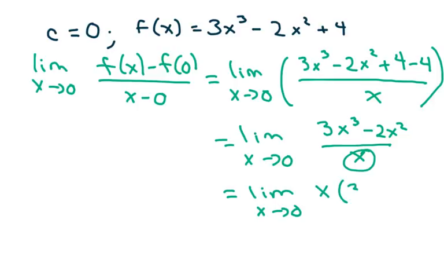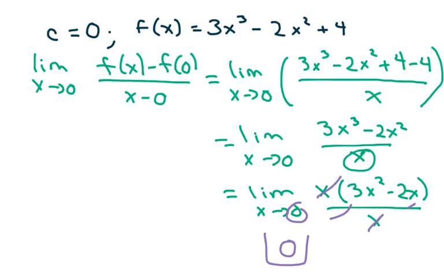We get 3x squared minus 2x over x. The x's cancel, and to save time, when you plug in this 0 here, you're still going to get 0, so the limit is 0.